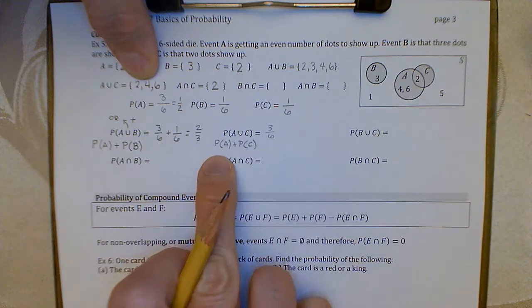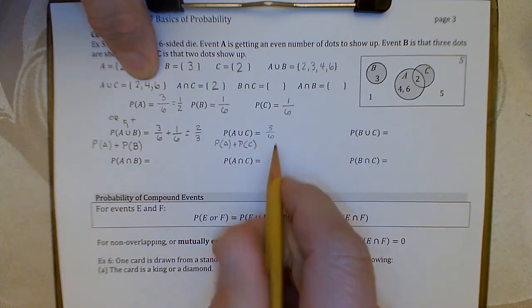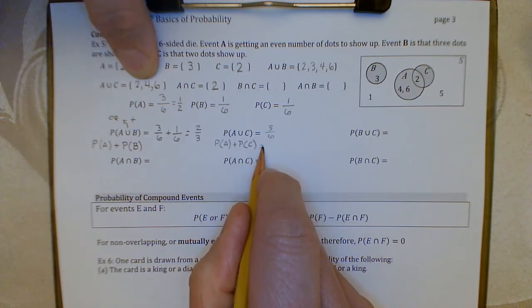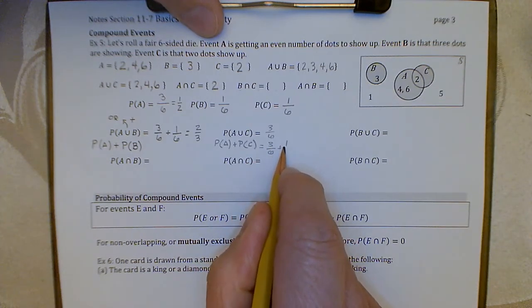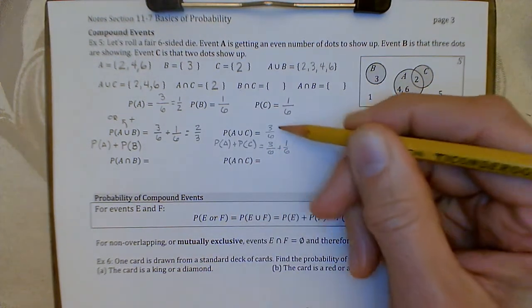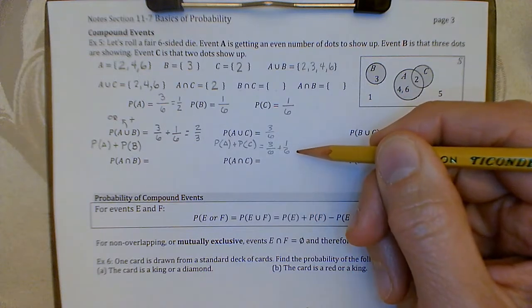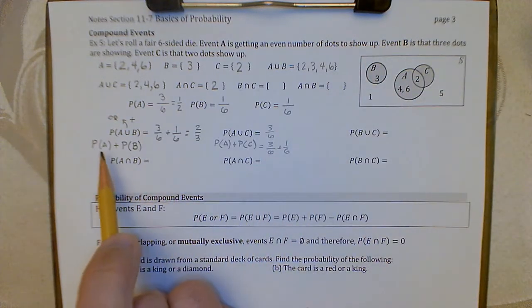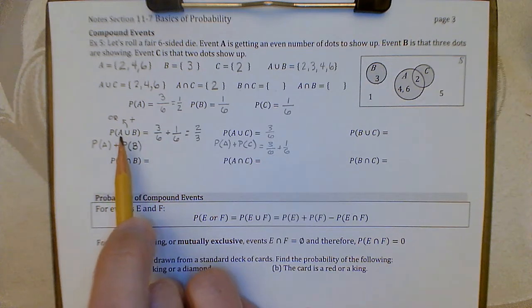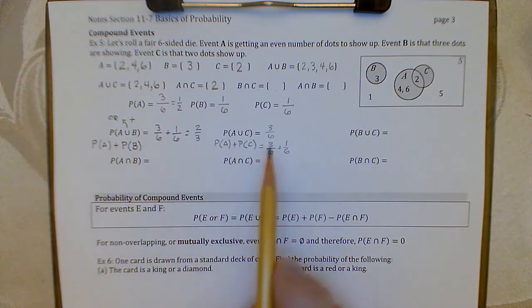But if we use this newer formula that we were discussing, we would end up with 3 over 6 plus 1/6. So these are different, and that's a problem, right? The issue is that the formula we used over here worked because A and B are mutually exclusive.